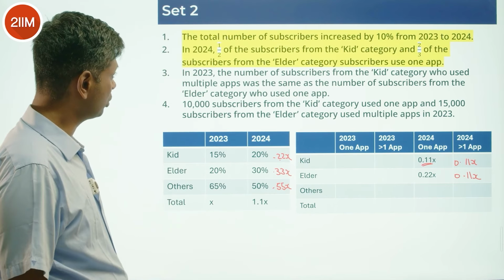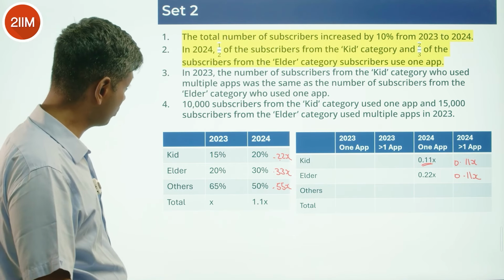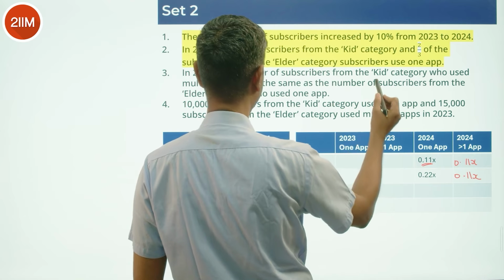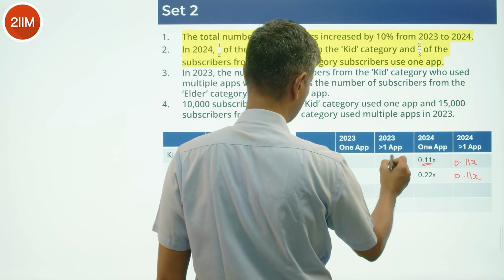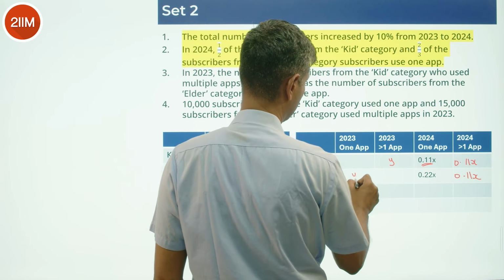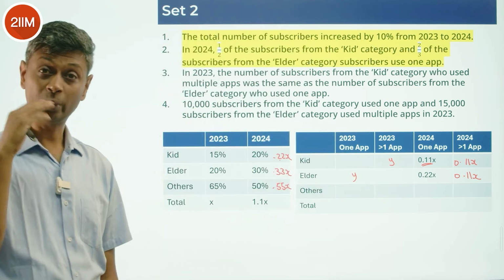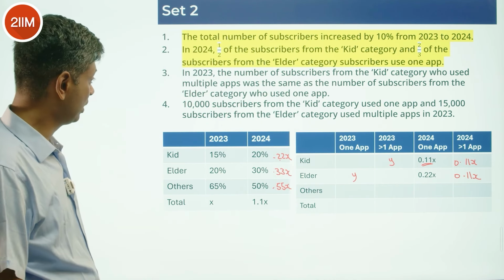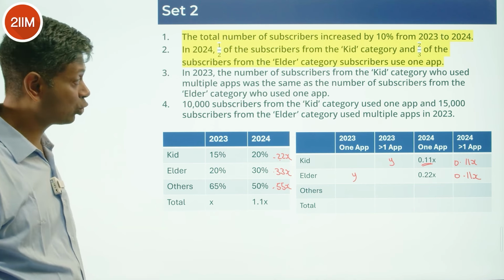In 2023, the number of subscribers from the kid category who use multiple apps was the same as the number of subscribers from the elder category who used one app. This is Y, this is Y. In 2023, 10,000 subscribers from the kid category used one app and 15,000 from the elder category used multiple apps.